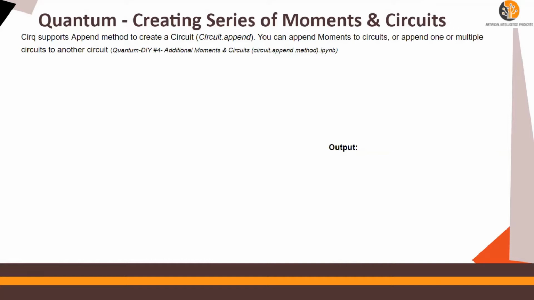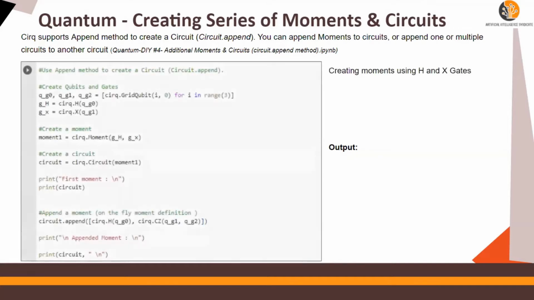So it's a very flexible way of appending either a moment to a circuit or, sorry, a circuit to another circuit. I repeat one more time: you can append a moment to a circuit as well as another circuit to a bigger circuit. So let's look at it.